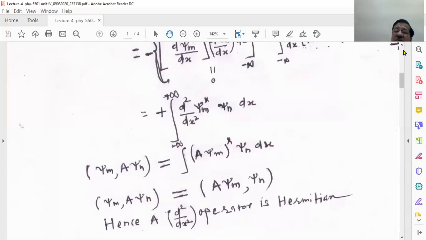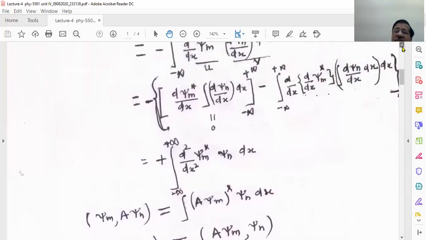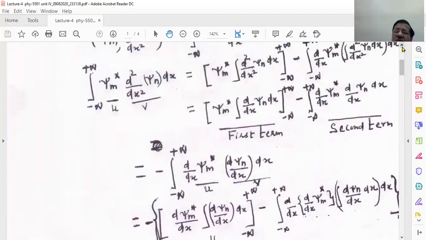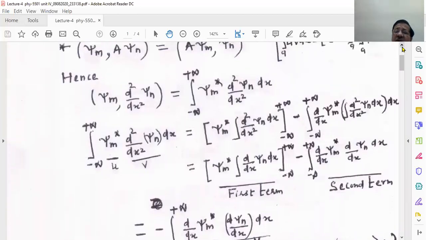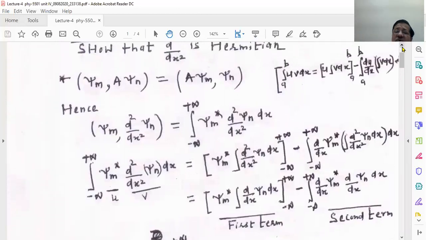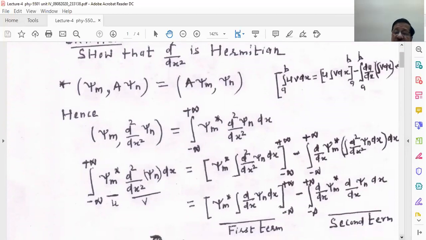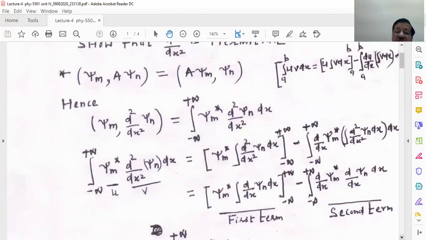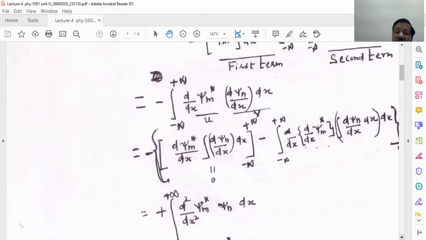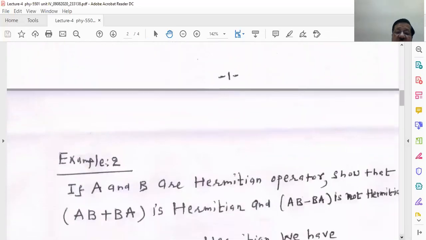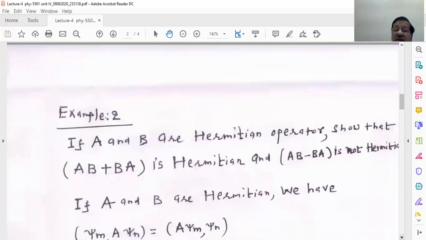So friends, there are several problems in quantum mechanics where you have to verify whether the operators given to you are Hermitian or not Hermitian. That can be verified. But there is another problem which I have selected that will also help you find out whether an operator is Hermitian or not.